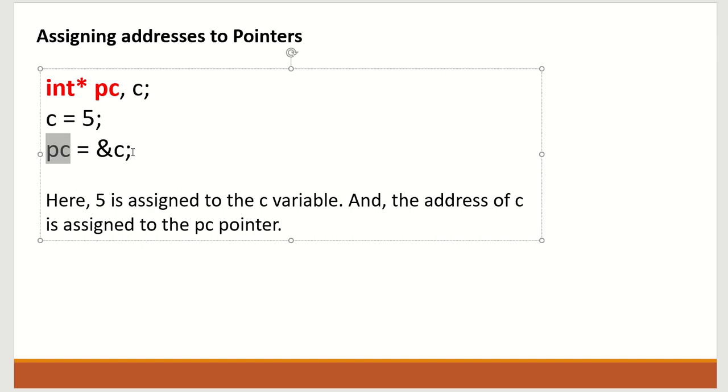It indicates that your pointer variable is right now pointing to the address of which variable? Variable c. So 5 is assigned to variable c, and the address of c is assigned to the pc pointer.